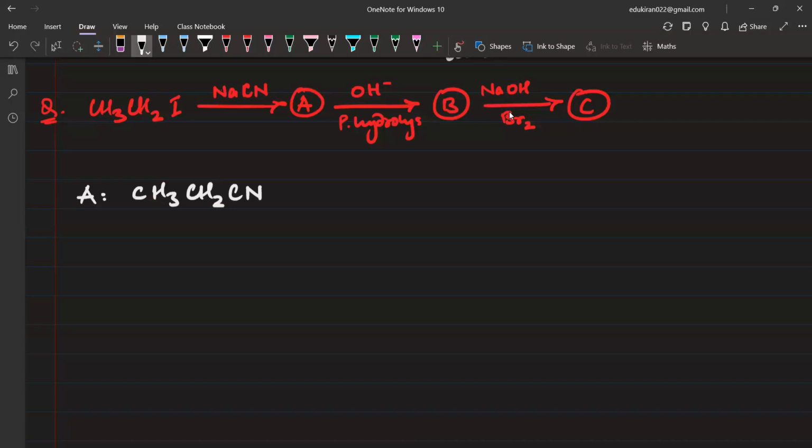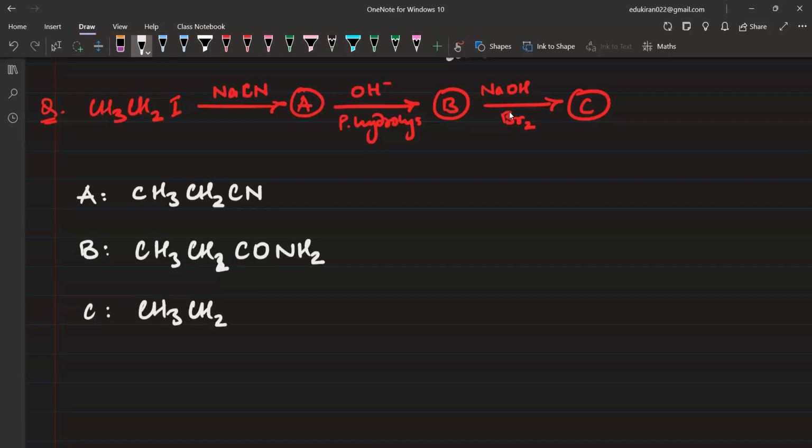So B will be CH3CH2CONH2. We have got amide, and bromine is there, so Hofmann bromamide degradation will take place, and C will be CH3CH2NH2. The CO will be gone. So these are A, B and C.